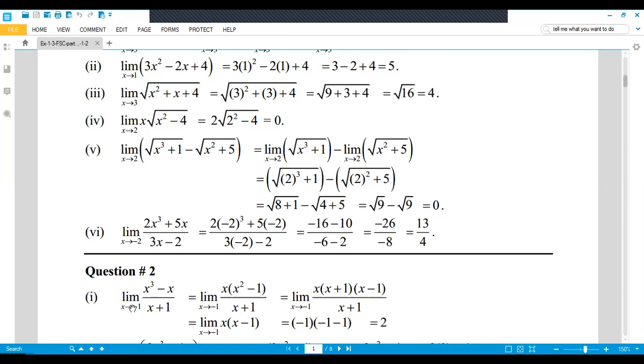You will not apply the limit directly just like you did in question number 1, but in question number 1 the condition is to apply the limit theorem. So you apply the limit theorem directly, but in question number 2 you are given to use algebraic techniques and after that apply the limit.